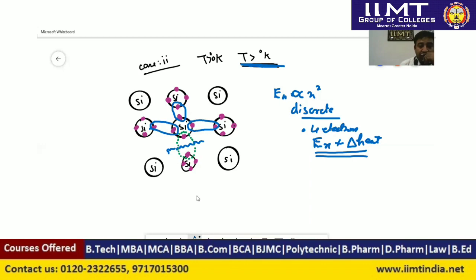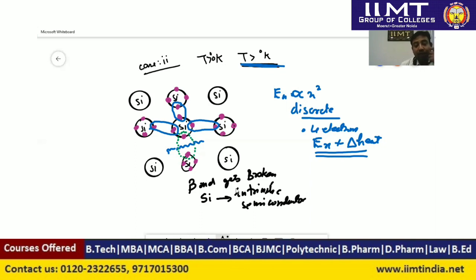Now when the bond is broken, what happens? Since silicon is pure, which means we are talking about an intrinsic semiconductor, which means there are no impurities. In the whole 3-dimensional lattice, we have only and only silicon.